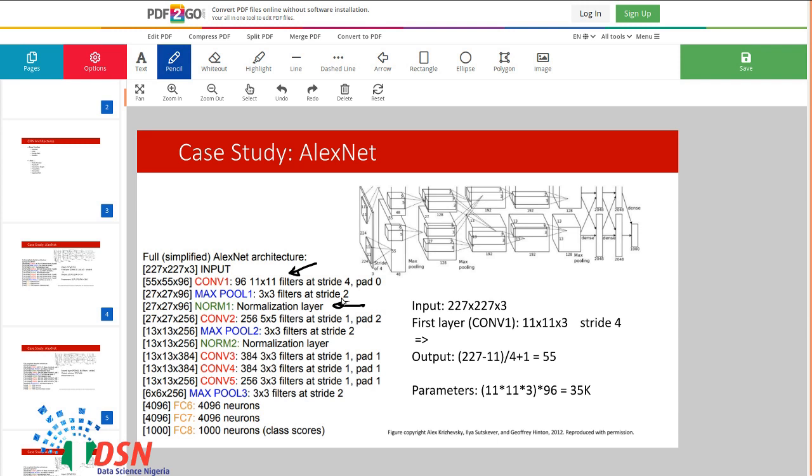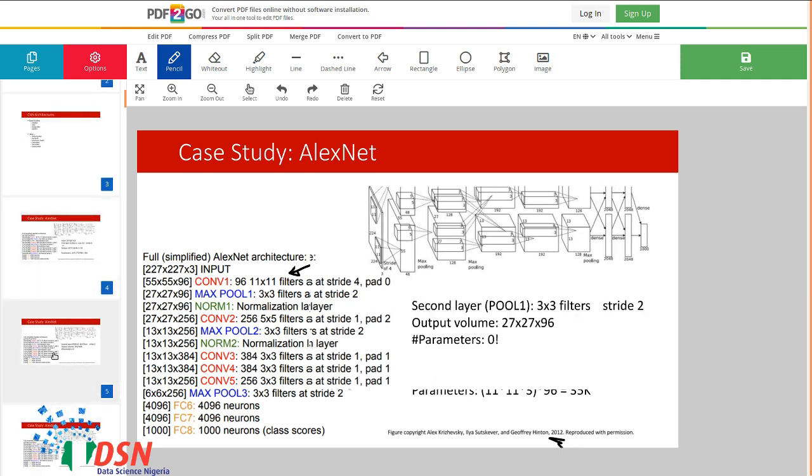We don't want to talk about it because nowadays it is not used anymore. Instead of that, we use batch normalization, but at that time, in 2012, they used a normalization layer.